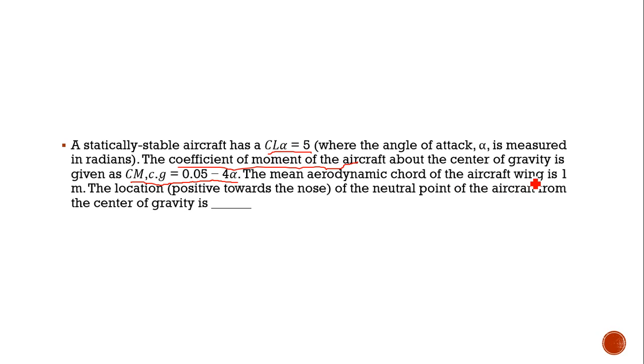The mean aerodynamic chord of the aircraft wing is 1 meter. We need to find the location of the neutral point from the center of gravity.